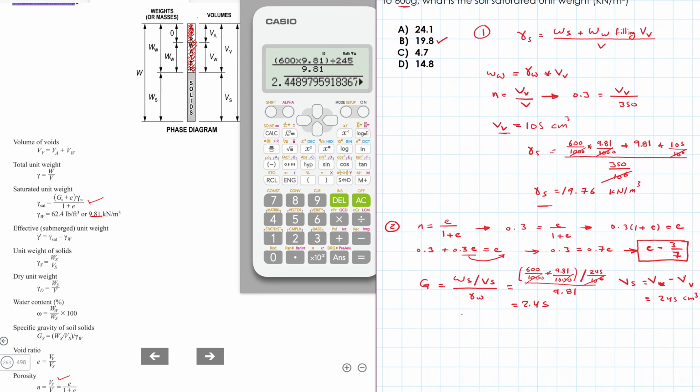Now let us apply our equation. Gamma saturated equals 2.45 plus 3 divided by 7, multiplied by 9.81, divided by 1 plus 3 over 7.